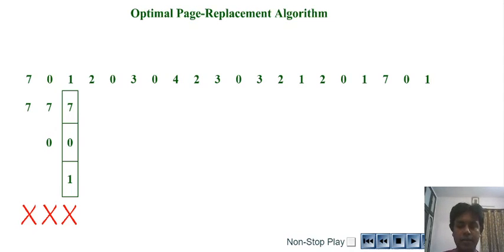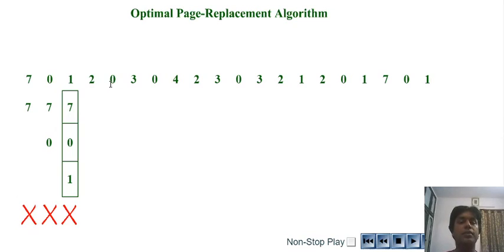Okay, now as the name suggests, it is an optimal page replacement algorithm where my intention is to ensure that I get maximum page hits and minimum page faults. So let's see how it can be done. If you can see, I have a requirement of a 2. So instead of replacing directly 2 anywhere, I am going to check which pages I might require in the future.